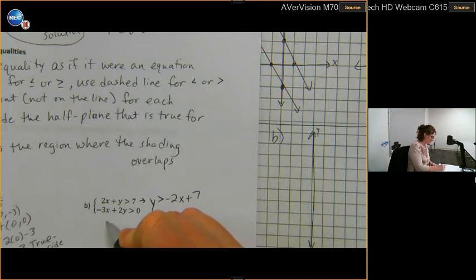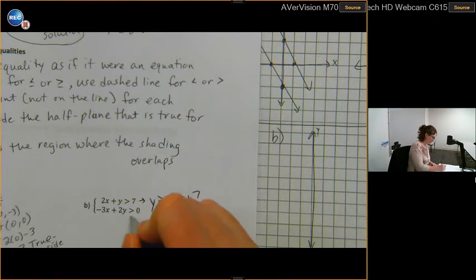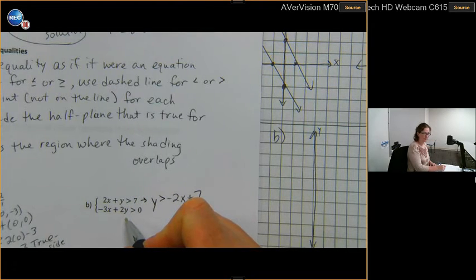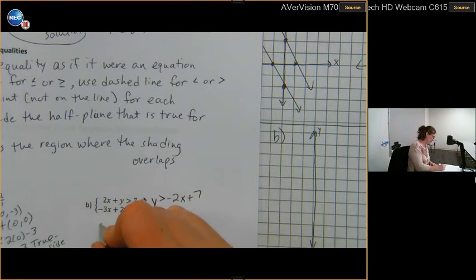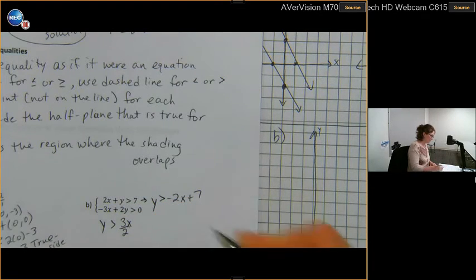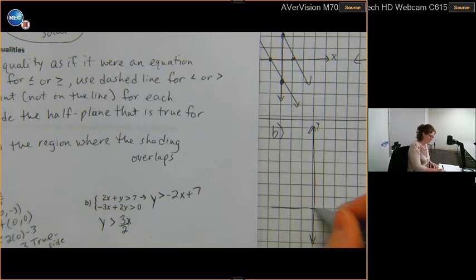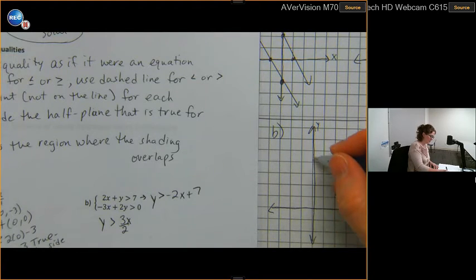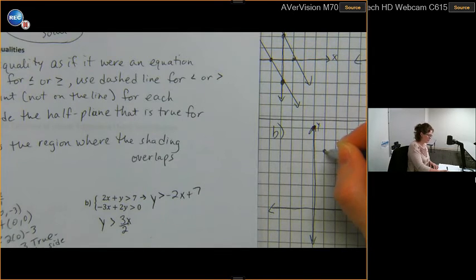And this one, this is a little harder, so if I tried for intercepts, they'd both be 0. So I need something a little more than that, so I'm going to rearrange it. I'm going to add 3x and then divide by 2.